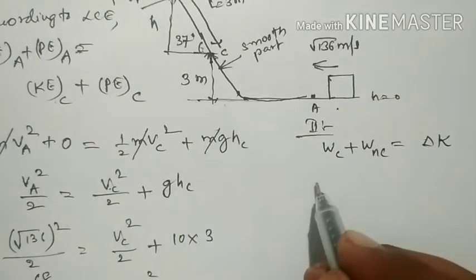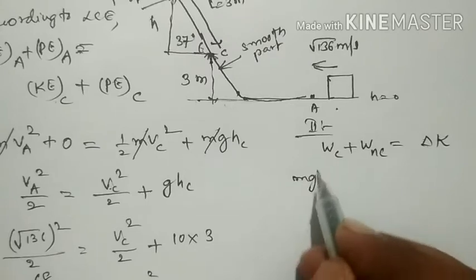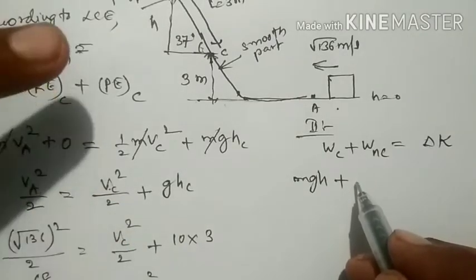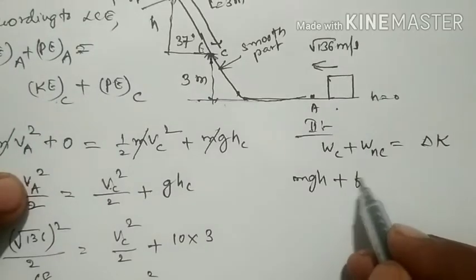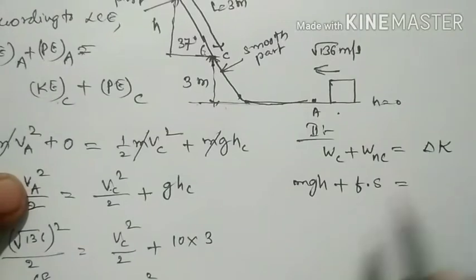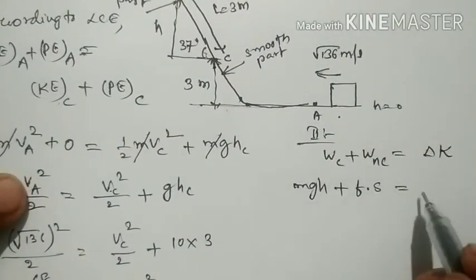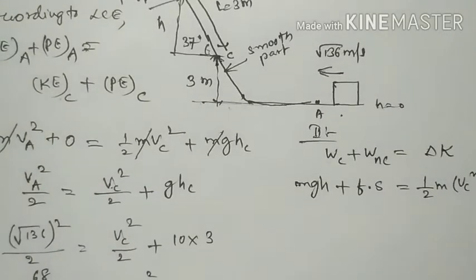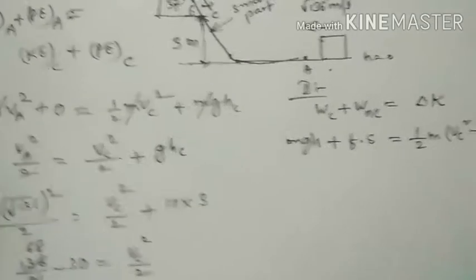Simply, I am writing without sign convention, it is mgh plus, similarly, work done by non-conservative force is also friction multiplied by displacement distance. So here I have taken it as positive, here also it must be positive, half m into vc square minus vb square. So total positive I have taken.